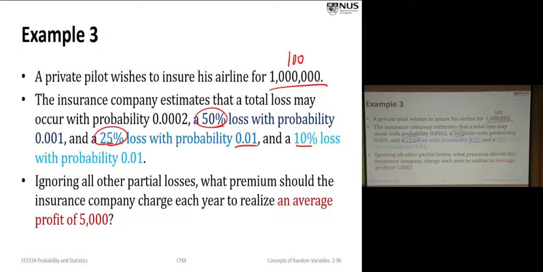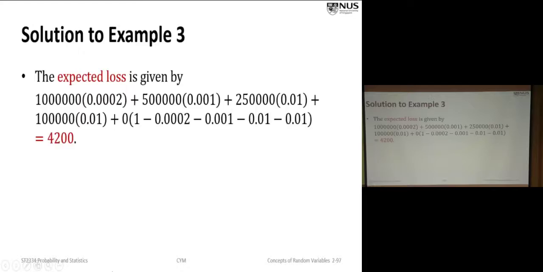On top, you also want to make a profit, so you have to add this amount. So this is the expected loss. The chance of losing 1 million, the chance of losing half of it, and so on. So at the end, we work out that your expected loss for this particular policy is 4,200.